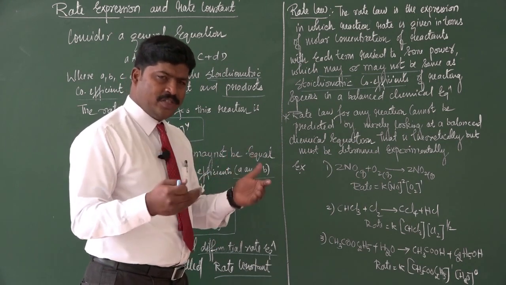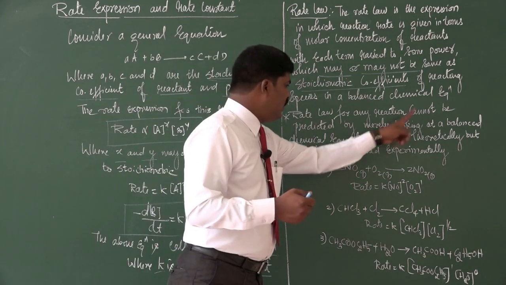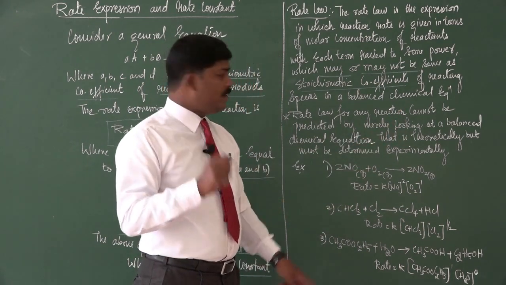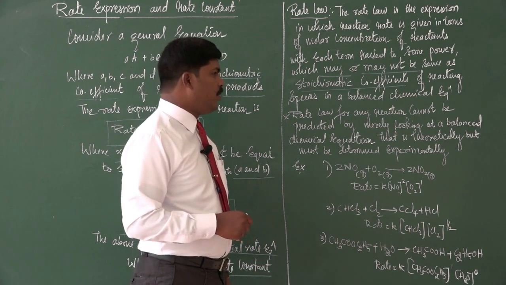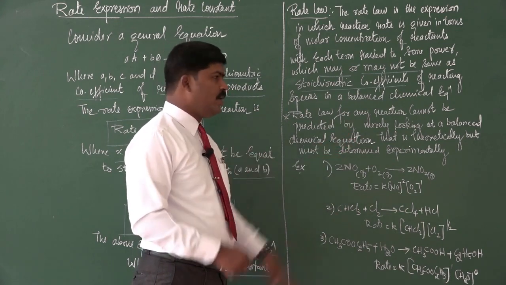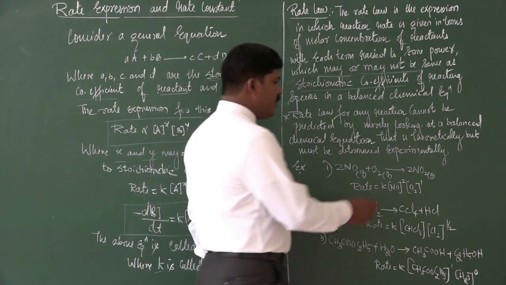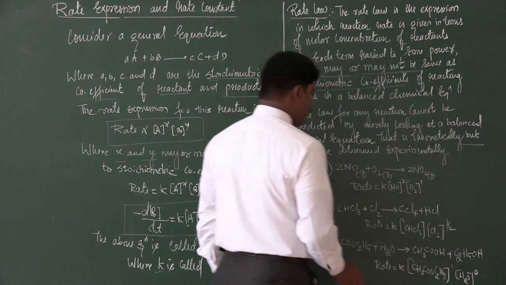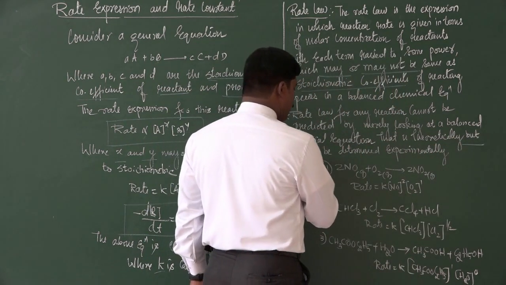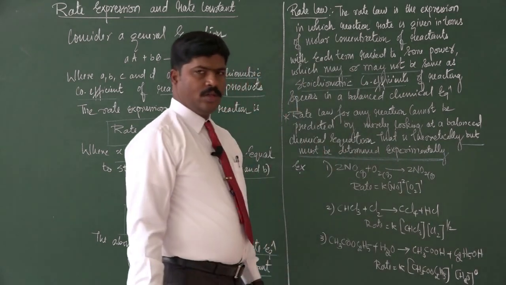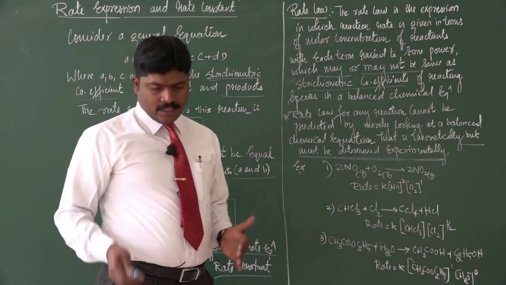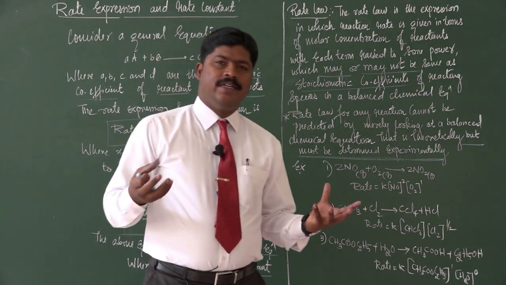The rate law for any reaction cannot be predicted merely by looking at a balanced chemical equation, that is theoretically. But remember the key word: the rate expression must be determined experimentally. Now, the question you will be focusing on is, how do we find it experimentally?